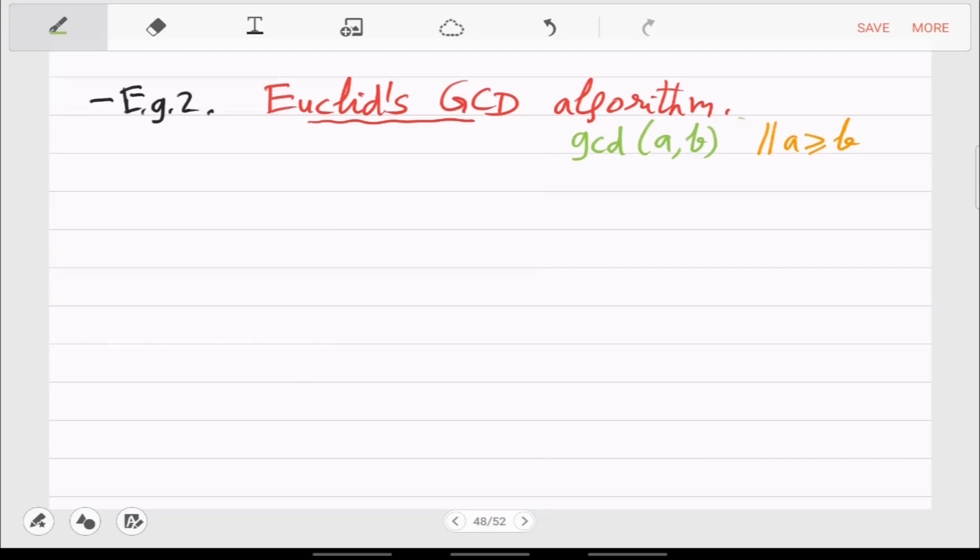So what you do is go up to b equal to 0. So if b is not 0, then you try to reduce it. So you reduce it by, what is the main step here? How do you reduce the input instance a comma b?